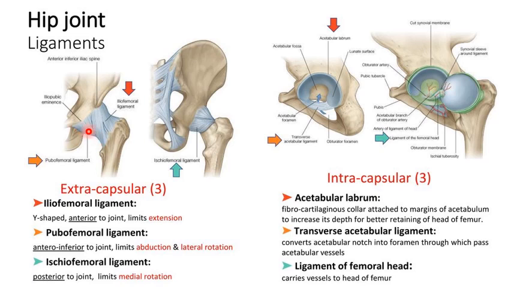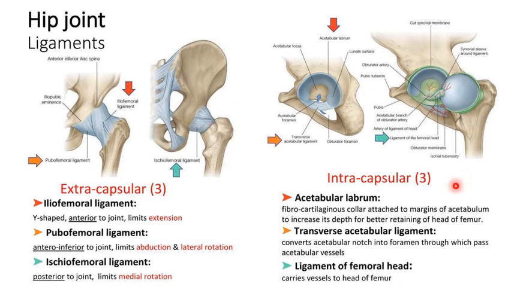The pubofemoral ligament is antero-inferior to the joint, and this ligament limits abduction and lateral rotation movements of the joint. And the ischiofemoral ligament is on the posterior aspect of the joint, and this ligament limits the medial rotation of the joint.